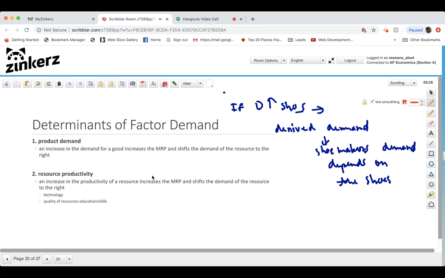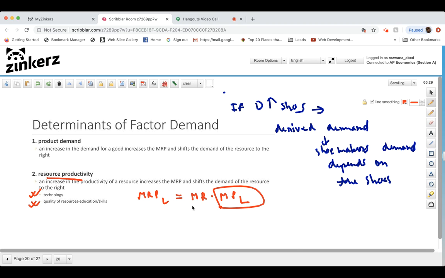And then the next thing is resource productivity. Remember that the MRPL had two things: the marginal revenue, and then the marginal product of labor. So this is exactly what resource productivity means, the MPL. If workers are somehow more productive, they can produce more output per hour, because there is a change in technology, or because workers are more skilled or have more education.